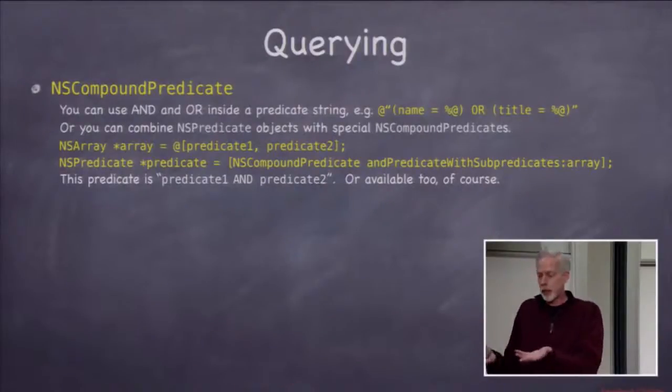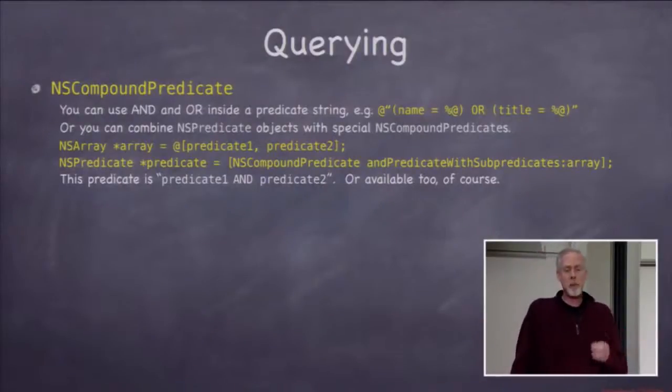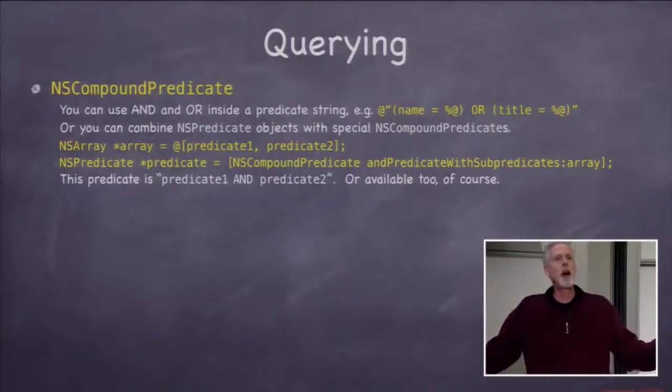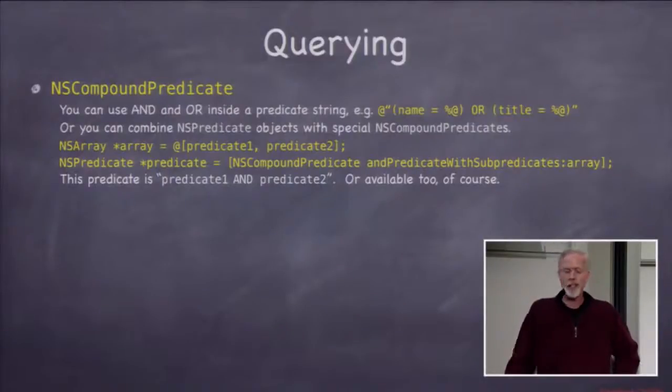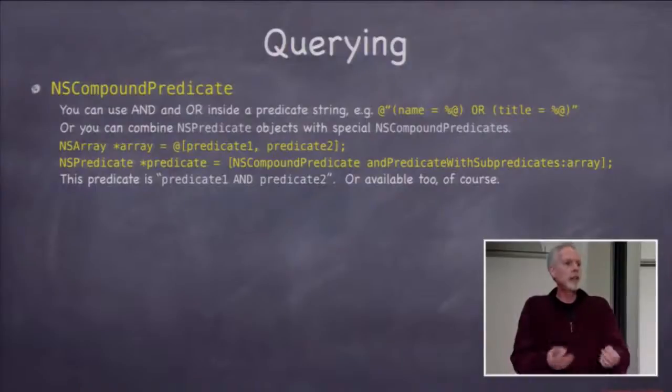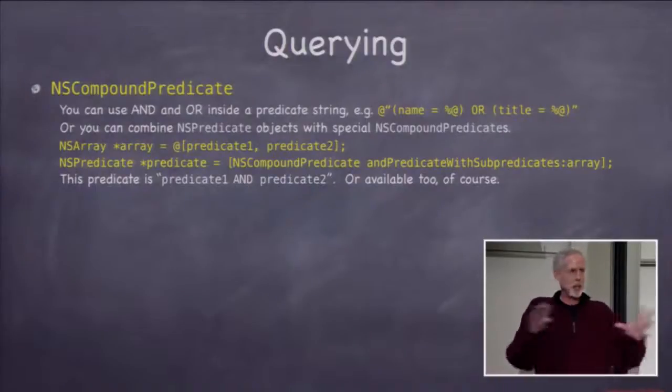Kind of wouldn't make much sense, but you could. You can also create compound predicates in code by using an AND predicate or an OR predicate in NSCompoundPredicate. And it just takes an array of other predicates and makes a compound one. That's like if you want the ANDing and ORing to be if-then in code, as opposed to just built into the string.